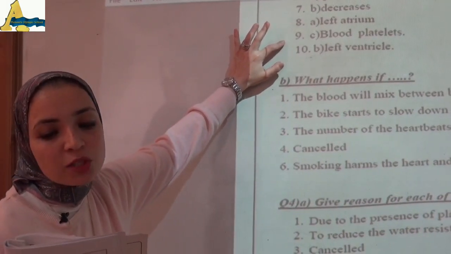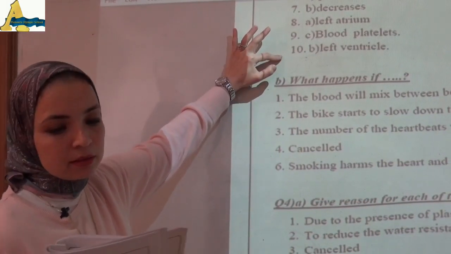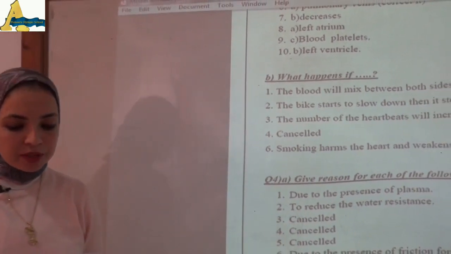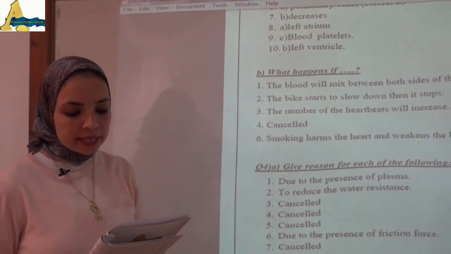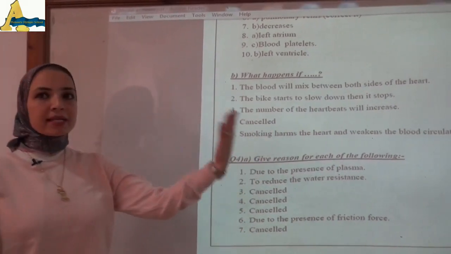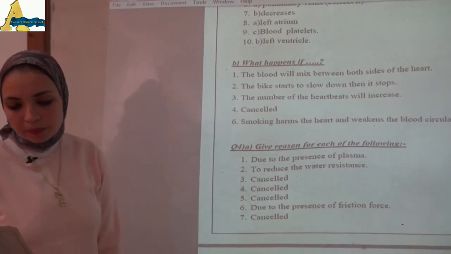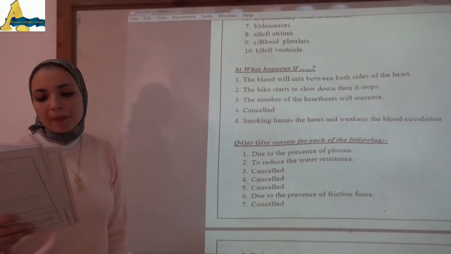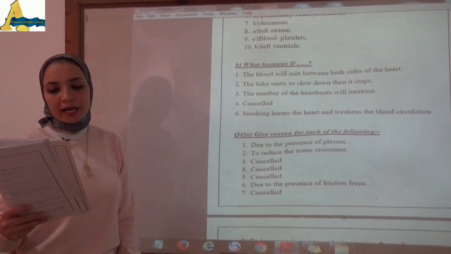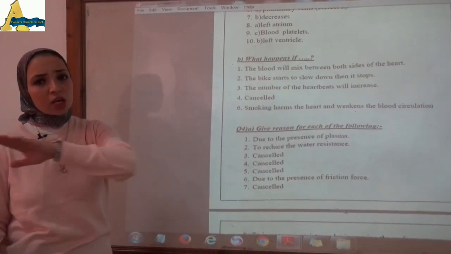Aorta is connected to the left ventricle. What happens if the two sides of the heart are not separated from each other? Of course, the blood will mix between the two sides of the heart. You stop pedaling during the movement of the bike. Of course, the bike will start to slow down until it stops.